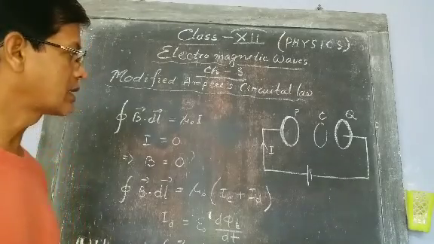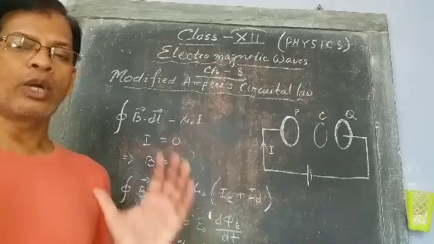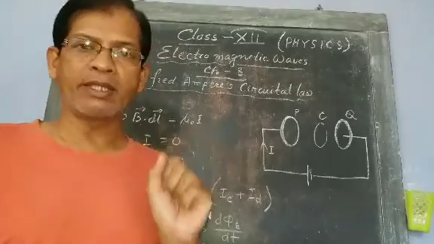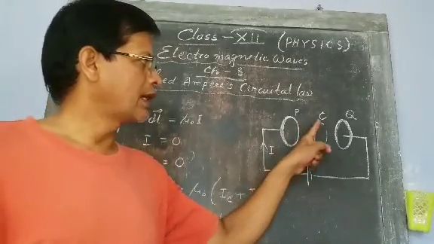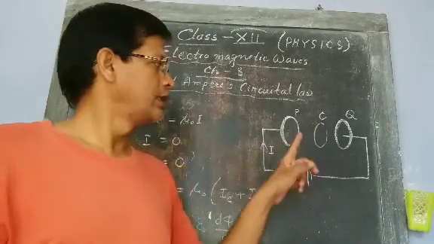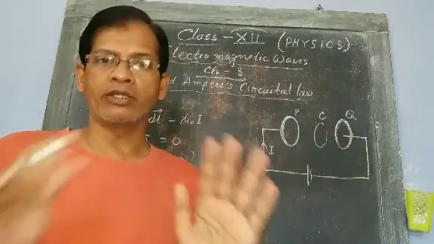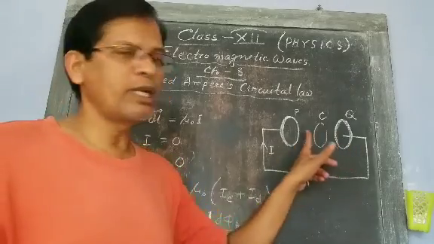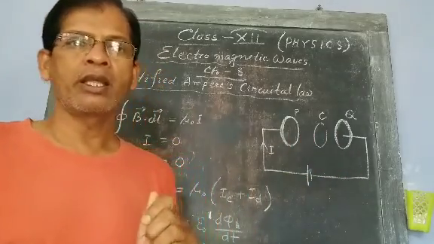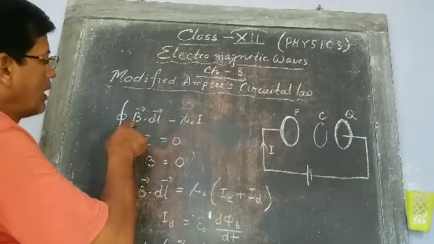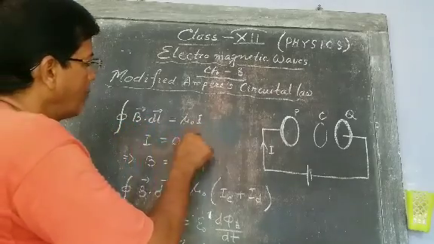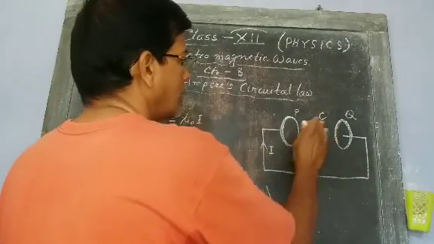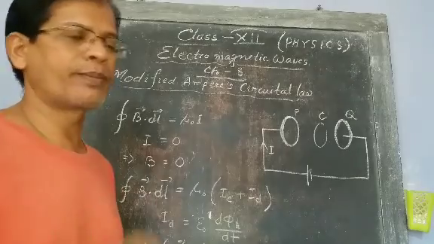This is the modified Ampere's circuital law. So what is said here? In a circuit there is a capacitor. In between the two plates of the capacitor there is no connection by wire, so there is no conduction current. By applying Ampere's circuital law, it is seen that in this place there is no magnetic field.